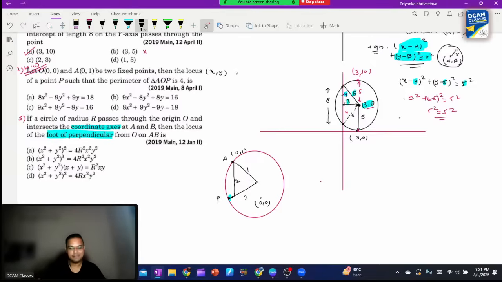The distance. Partially, you are correct. What is a locus? Locus is the curve that you draw when you move a point randomly under certain condition. Understood, Haripriya? Shall I repeat? Locus is a curve that you form when moving the point x comma y under certain condition.